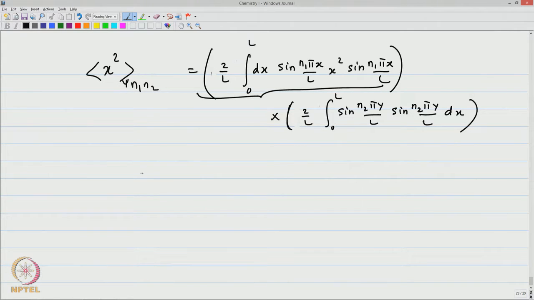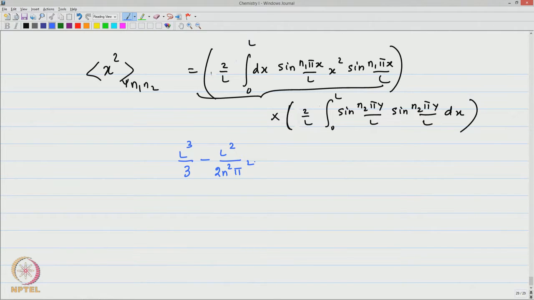You calculated this, as you recall, the answer was L cube by 3 minus L square by 2 n square pi square.